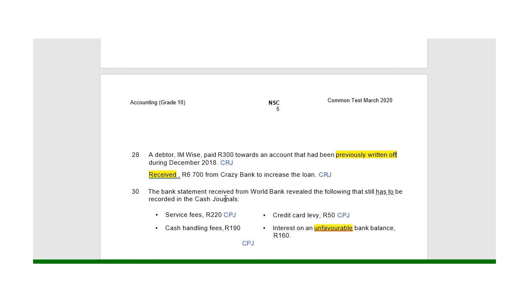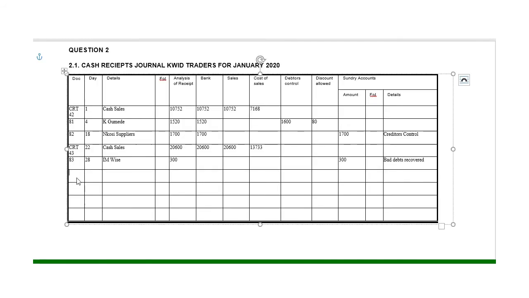The next one, still on the 28th, we receive from Crazy Bank. So it's still the 28th. We receive from Crazy Bank. If we've got a name, we will issue a receipt. So it is 84. If I repeat the date, I don't have to put it in. I leave it open. If it's open like that, it means it's still the 28th.